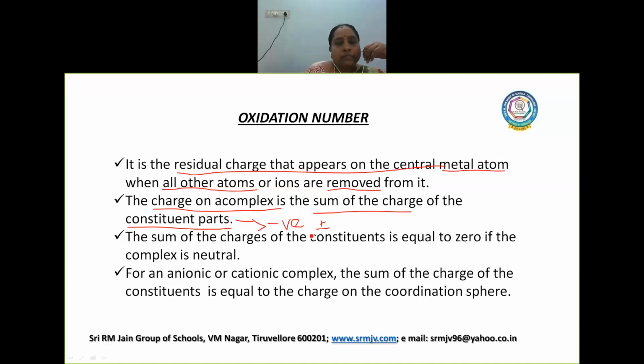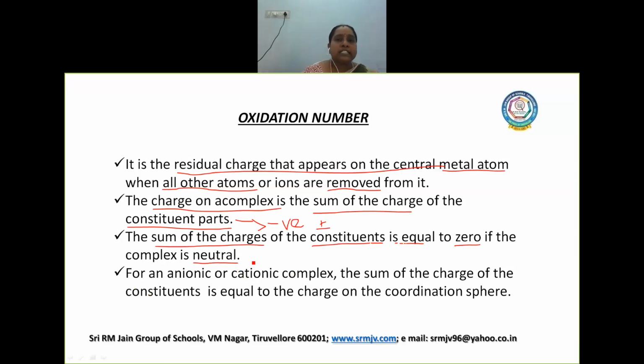What are the constituent parts here? They may be negative ions or neutral molecules. The sum of the charges of the constituents is equal to 0 when the complex contains neutral molecules as ligands.